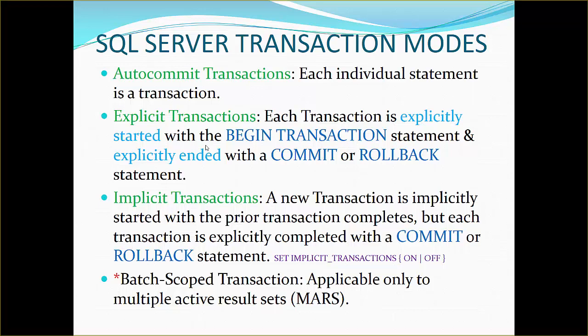You would have to write out a commit transaction statement if it's successful, or a rollback transaction statement if it encounters an error. So if you set implicit_transactions to on, you are using an implicit transaction. If you set it to off, then you are either using an auto commit transaction, or if you write out a begin transaction, that makes that session an explicit transaction.